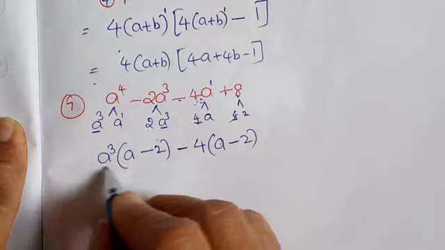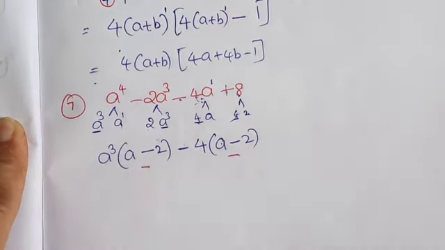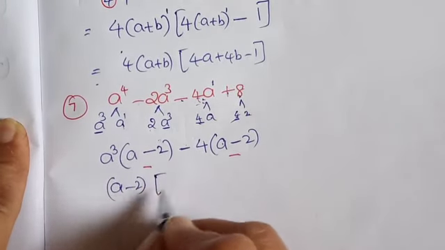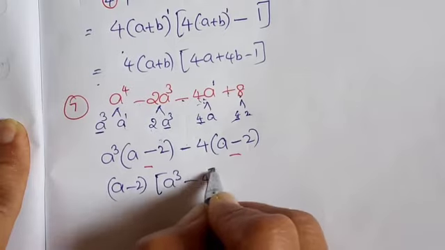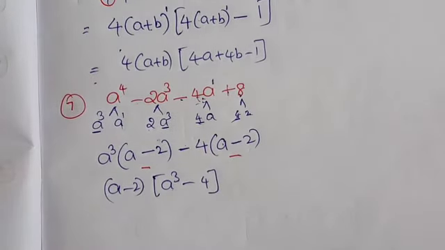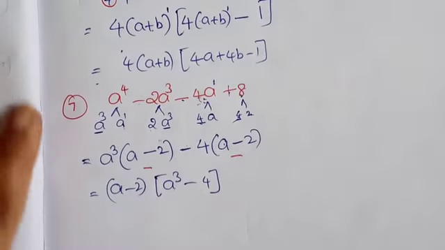Now from these two, what is common? (a − 2) is common. a³ − 4 is left. Okay, children, so this is the answer of the seventh question.